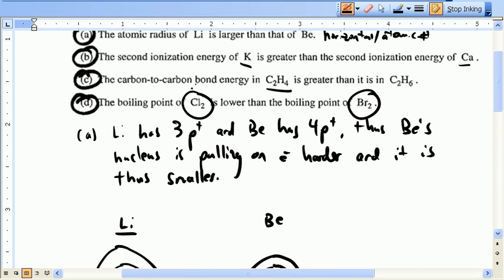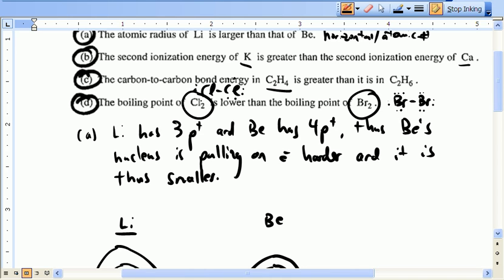You do the Lewis structure for Cl2, it looks like this. You do the Lewis structure for Br2, it looks like this. Okay, the Lewis structures are very similar. So the only difference we really can talk about in this case is weight.